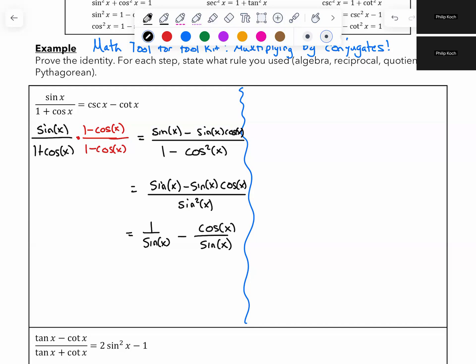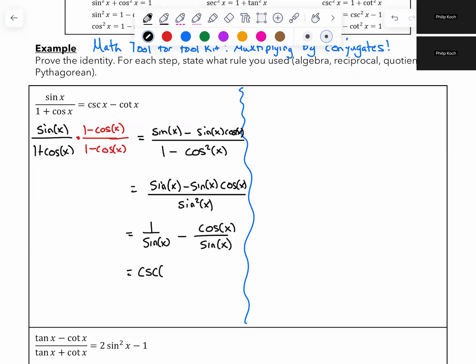You could write out that middle step of saying it's going to be sine of x over sine squared of x minus sine x cosine of x over sine squared of x. That's fine, but you don't have to. We all okay with that one? It's okay if we're not. And then we can use our identities. We know that 1 over sine is cosecant.